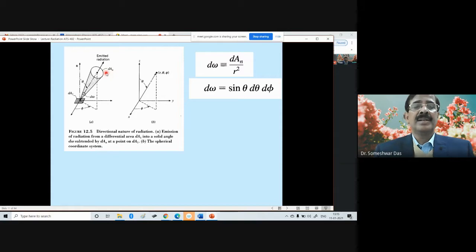So in this case, the d omega can be written as dA1 divided by r square, that you had seen in the previous diagram also. This is simplified here in this diagram.